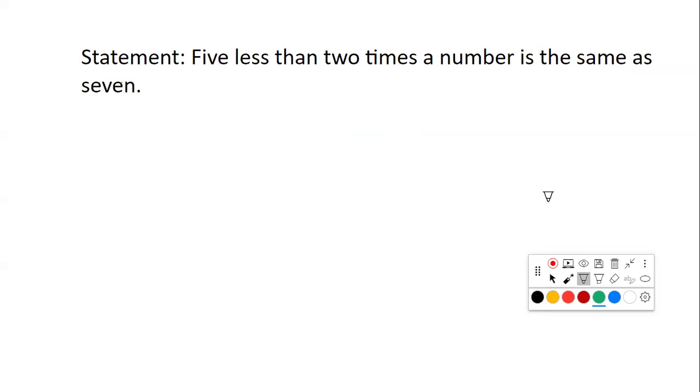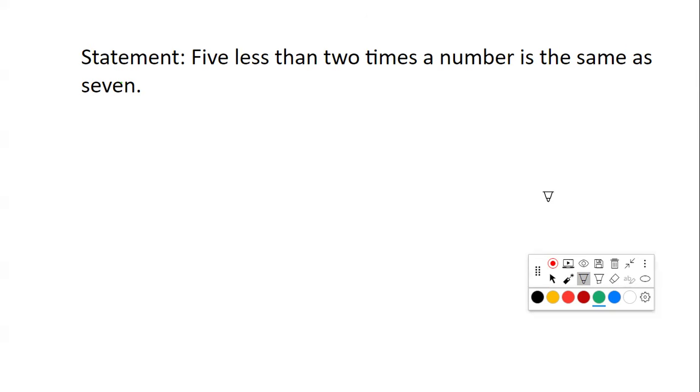5 less than 2 times a number is same as 7. See, these are English words. You should try to understand these words and write them in the form of an equation. 5 less means I have to subtract 5. Then 2 times a number x means 2x. 2x minus 5 is same as 7.